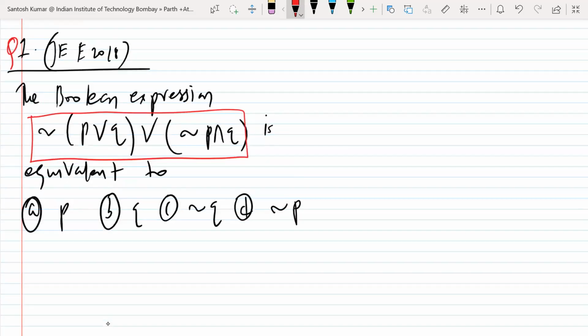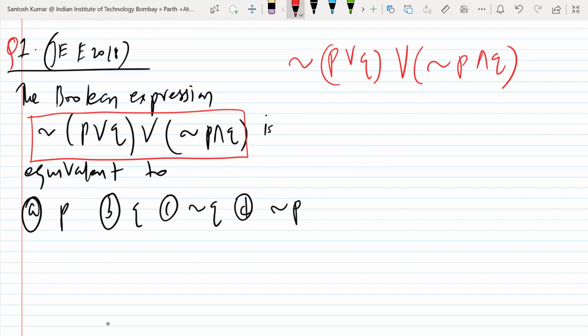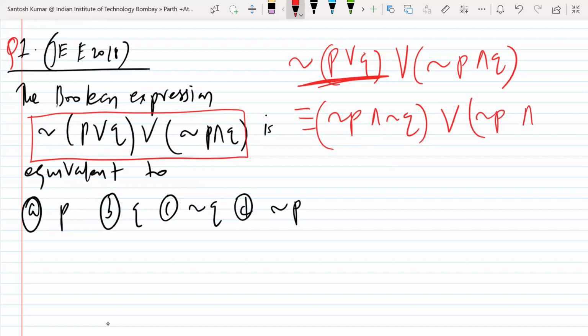So we have negation of (P or Q) or (not P and Q). What you can do is open the negation on the outside. So it's (not P and not Q) or (not P and Q).